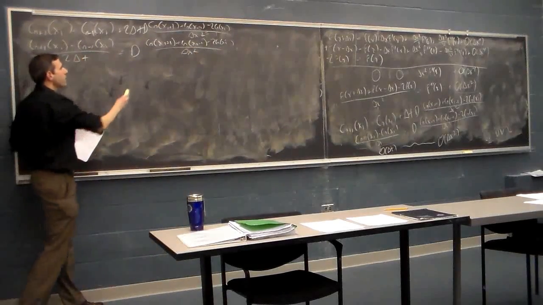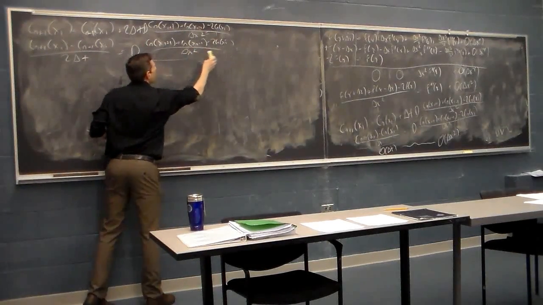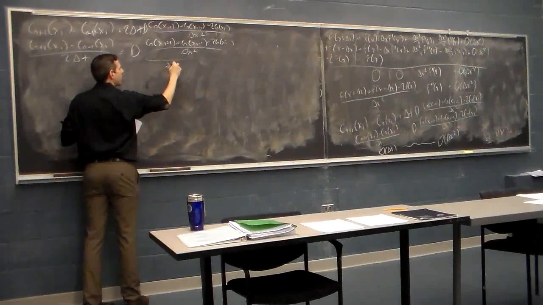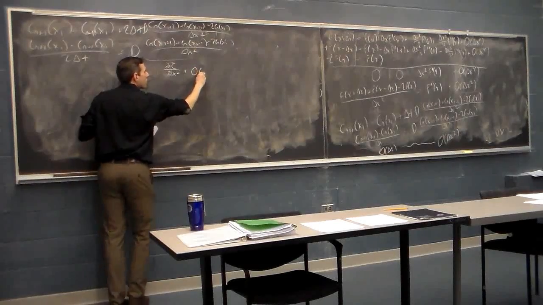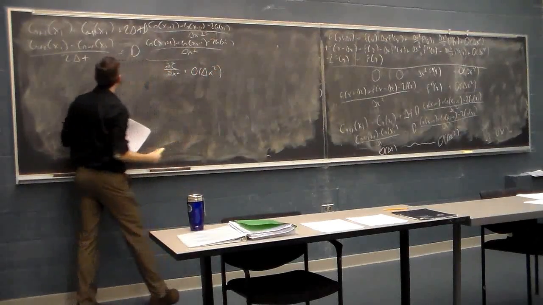And then what we have here is an approximation to the second derivative with respect to space, so d squared c dx squared plus an order delta x squared error term.